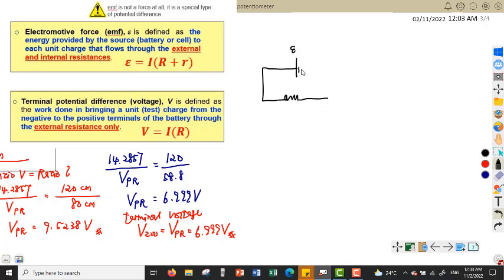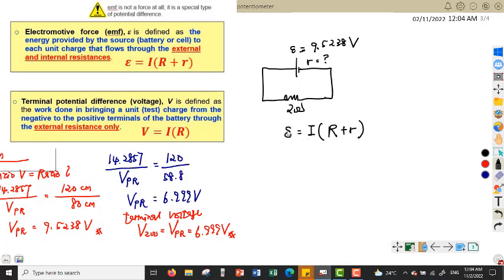The external resistance is 2 ohm. The EMF already determined from the first question is 9.5238 volt.